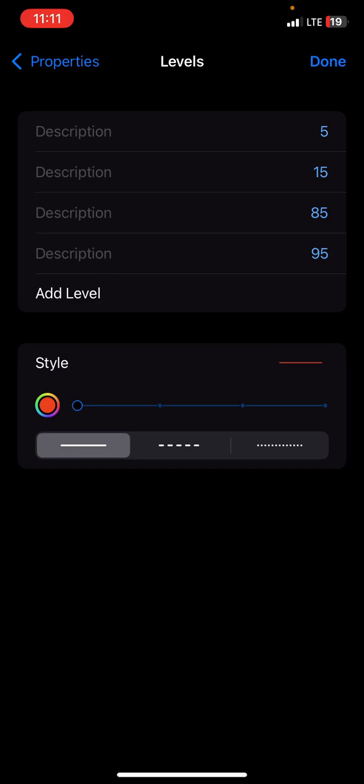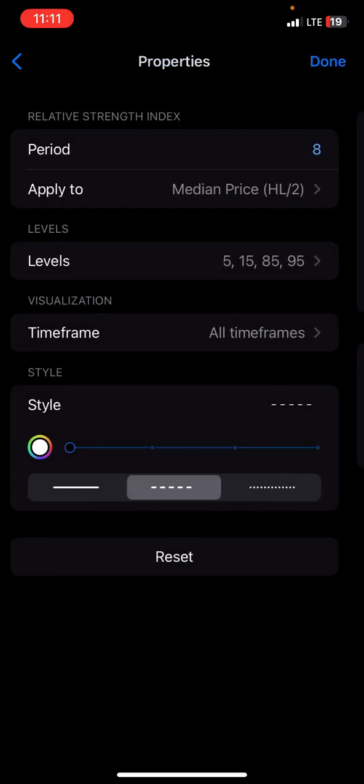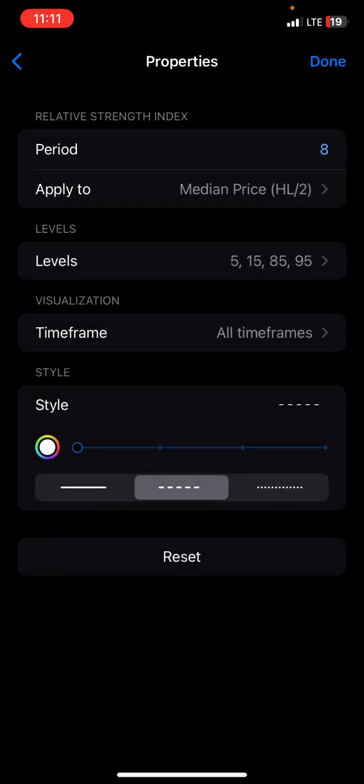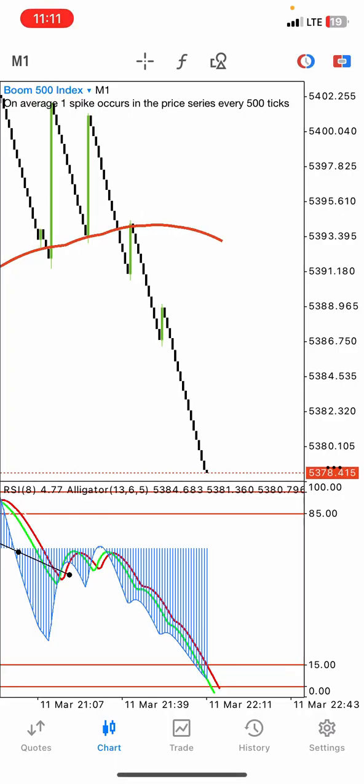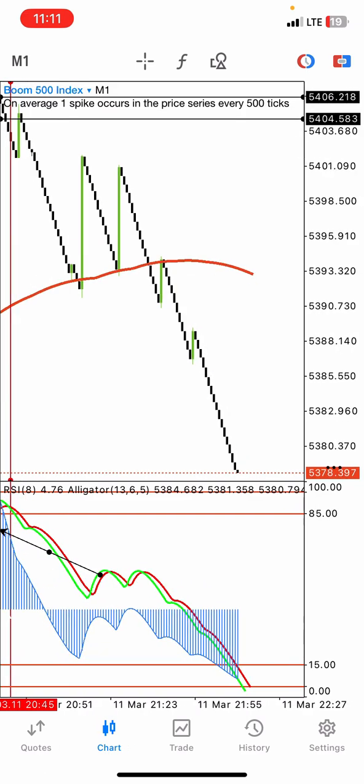The levels here, we have level 5, 15, 85, and 95. You can see the color, the red. Let's increase this. You click on done. On the style here, it's just white because you don't want it to be obvious on the charts. You click on done. That's it. We've created the indicator window.